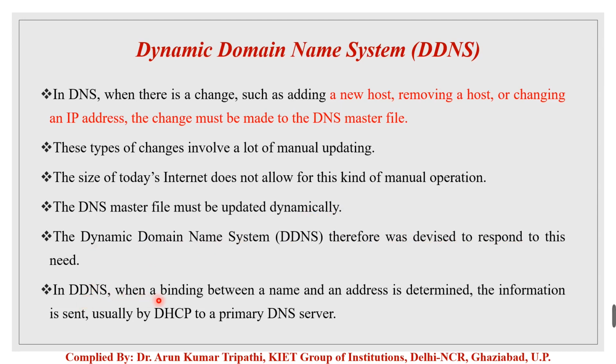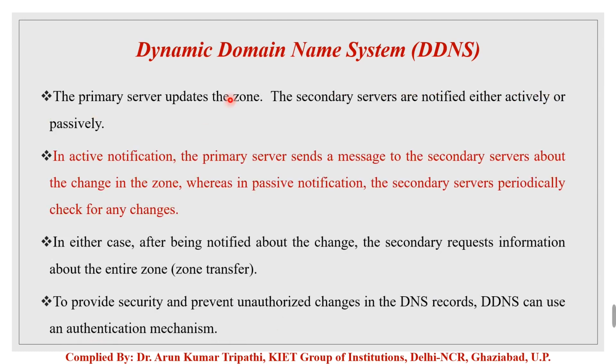In DDNS, when a binding between name and address is determined, the information is sent to the primary DNS server. The primary server updates the zone. The secondary server is notified either actively or passively.